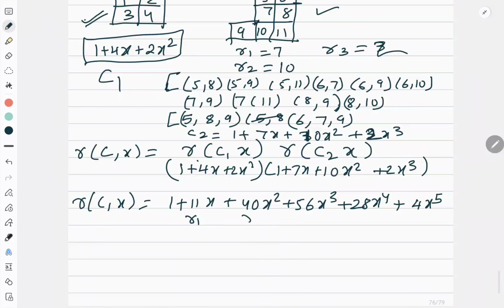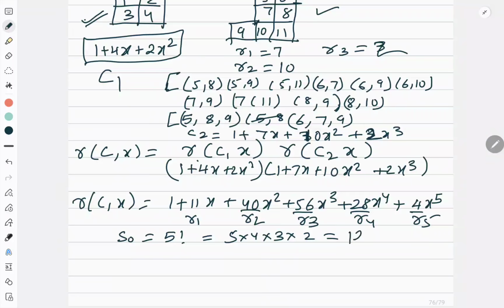So this is R1, R2, this is R3, R4 and R5. Correct? Now S0 is equal to 5 factorial, which is equal to 5 into 4 into 3 into 2. Okay, 5 4s are 20, 20 3s are 60, 60 2s are 120. Right? S1 is equal to 4 factorial into 11, that is 264.